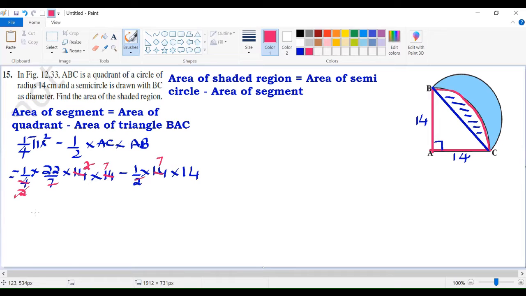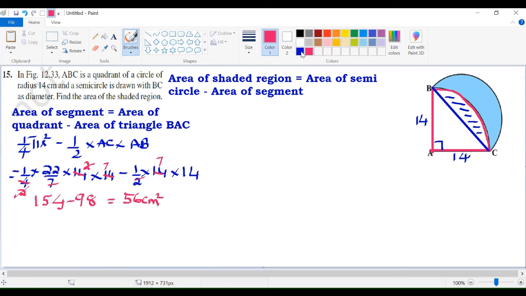Now here 2, 14, 7. So 22 into 7, 154 minus 98. So 154 minus 98, which is equal to, what we will get, 56 centimeters square.